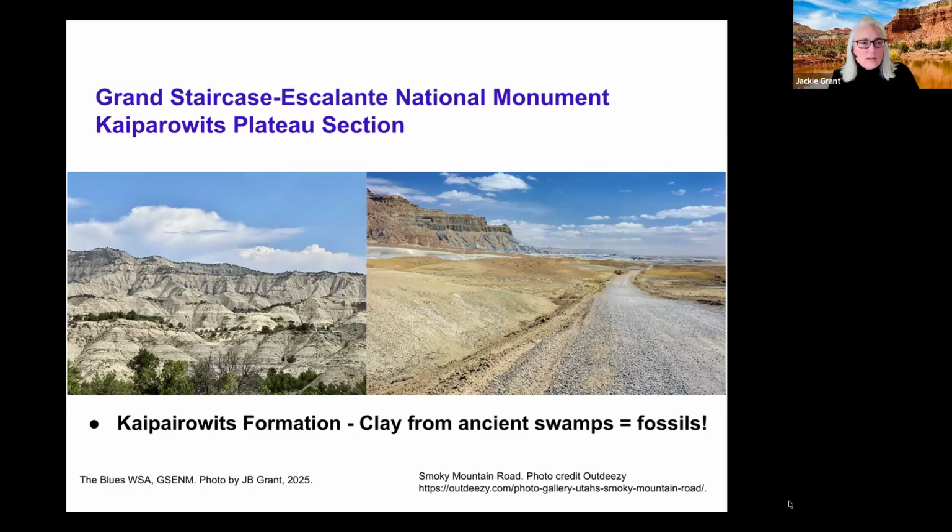And just as a reminder, the Grand Staircase Escalante National Monument is almost 2 million acres in size, and that's why we see such extremely different habitats. Even though it's all desert and it's all on the Colorado Plateau, it still is very different from place to place. But one of the great things about the Kaiparowits Plateau is that the swamps there were very productive for dinosaurs. So dinosaur fossils are being uncovered all the time from this Kaiparowits Plateau section of the National Monument.